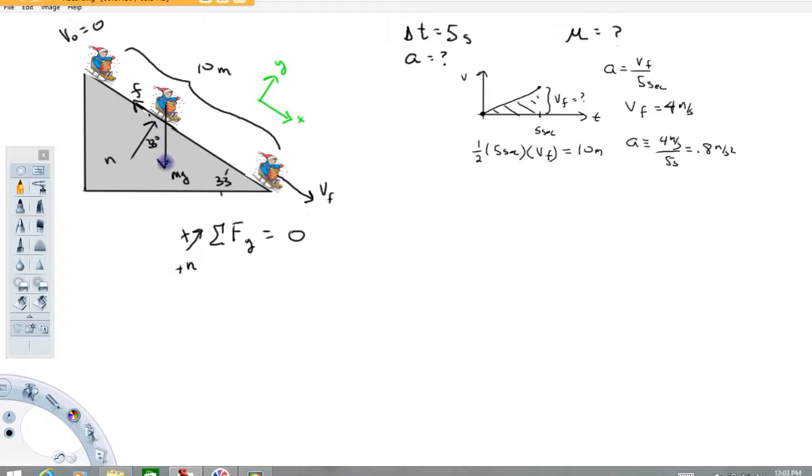Okay, the mg. Now you got to think about that in terms of components. I'll go ahead and draw these in red. You can think of that as having a component this way, and that's what I would call the y component, and another component this way.